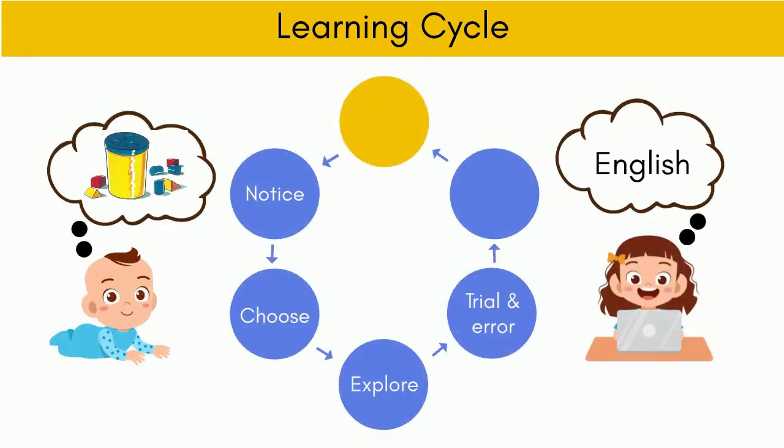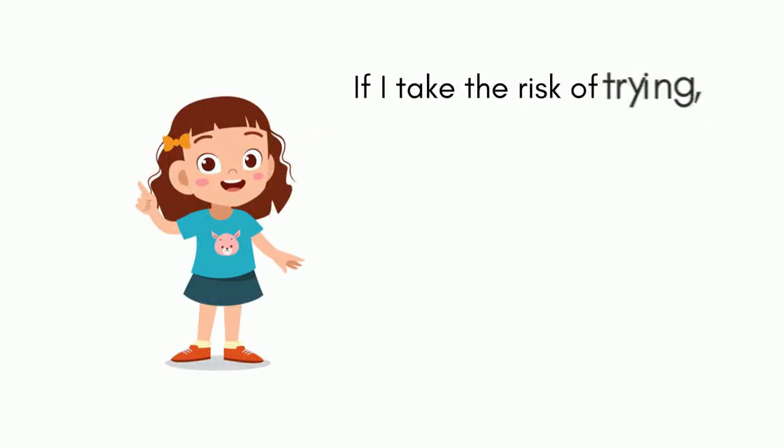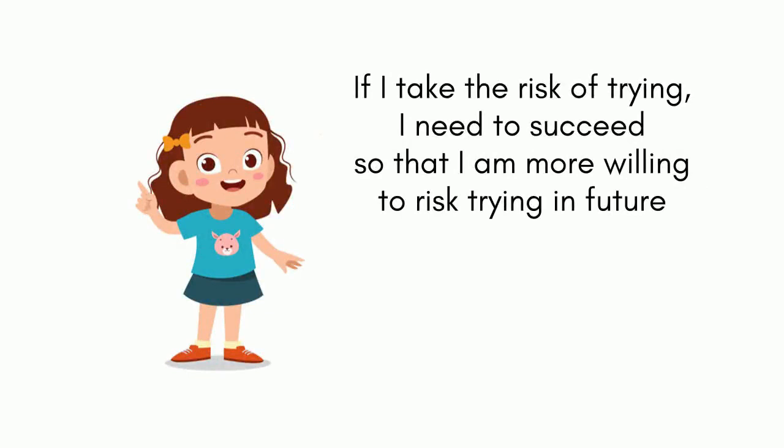At some point, the baby can do the toy. This may happen after the baby has played with it a few times. In the English class, as I mentioned earlier, success is important.